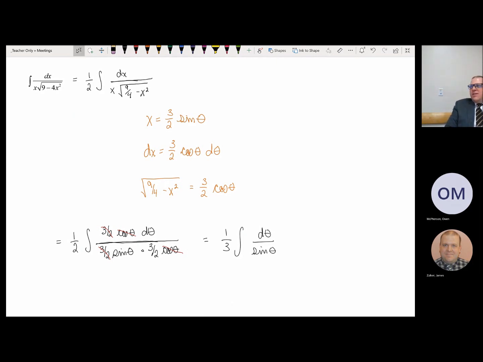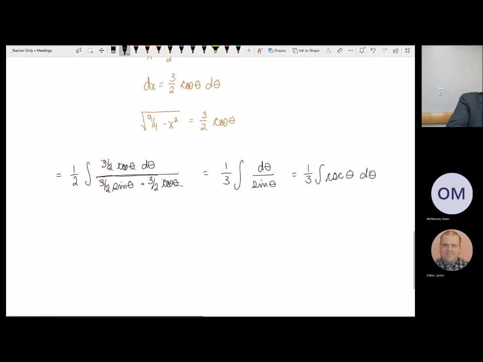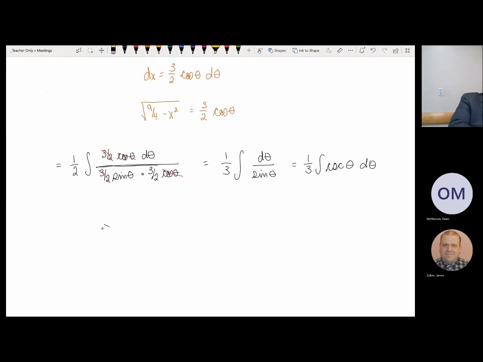How would we evaluate that antiderivative? Remember, 1 over sine is cosecant. What is the antiderivative of cosecant?